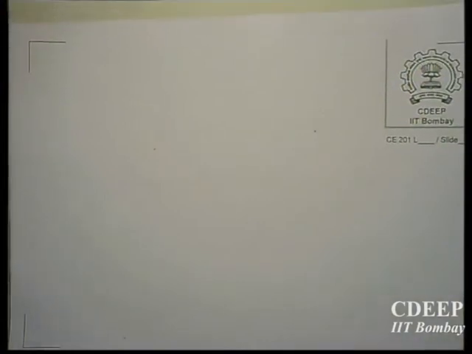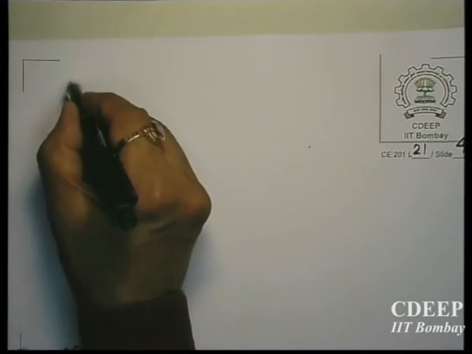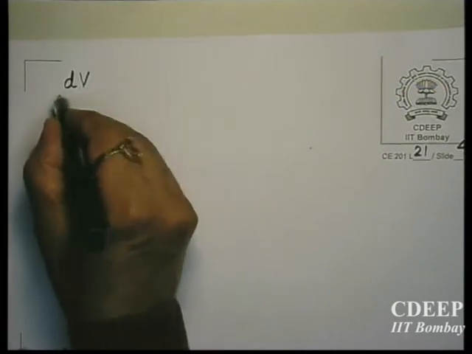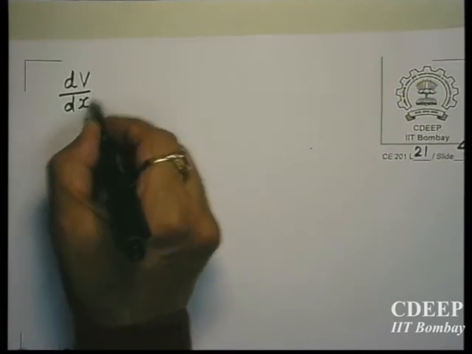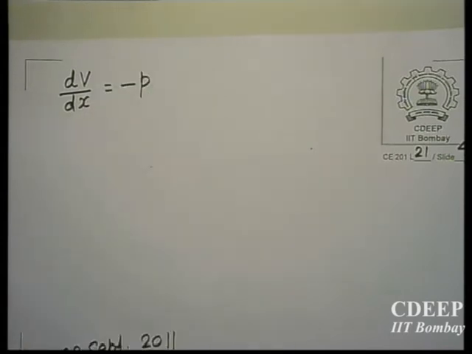We got dM by dx equal to V, and also dV by dx equal to minus p. The rate of change of shear force is equal to minus p. p is the intensity of the load that is acting on the beam.